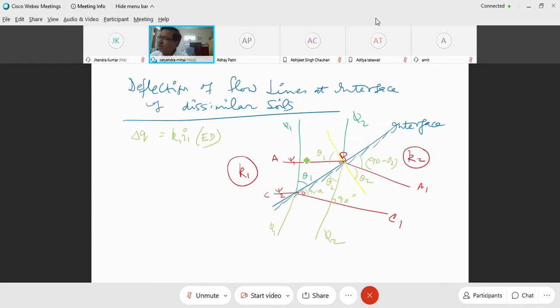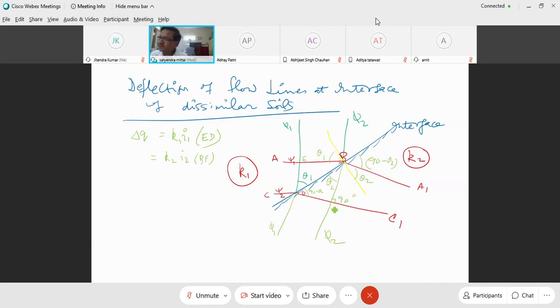This is point E. And this will be, as a rule, equal to K2 I2 into BF.